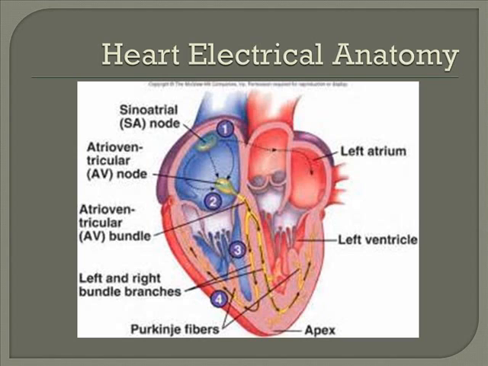The impulse is usually held in the AV node for a short time to allow the ventricles to completely fill. The impulse is then transmitted down the AV bundle and is branched off into the left and right bundle branches, which was number 3 on the picture.